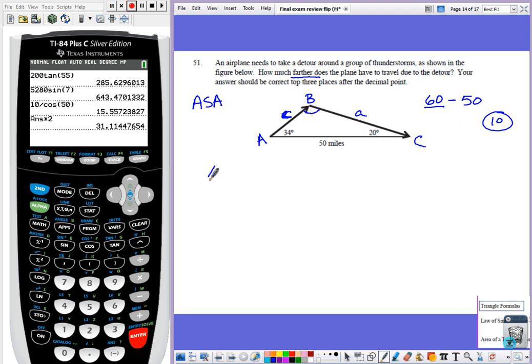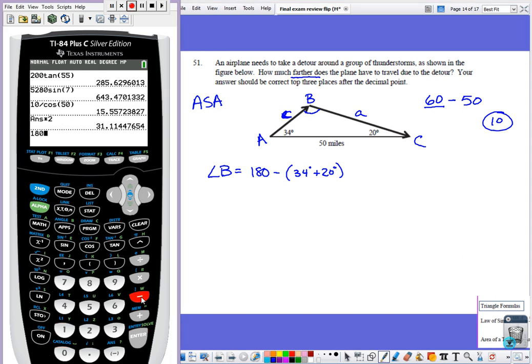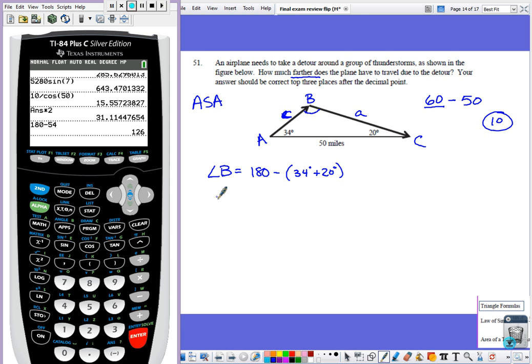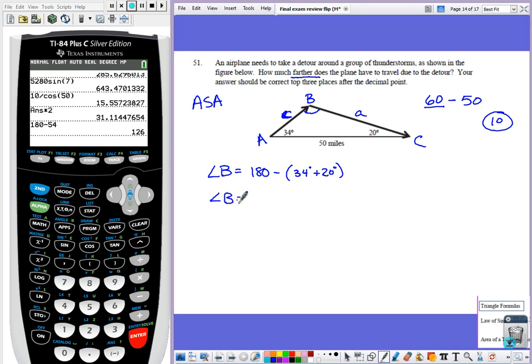We can find angle B by taking 180 and subtracting the other 2. So find the sum of the 2, 54, and take 180 minus 54. And we get 126. So our angle B is 126 degrees.